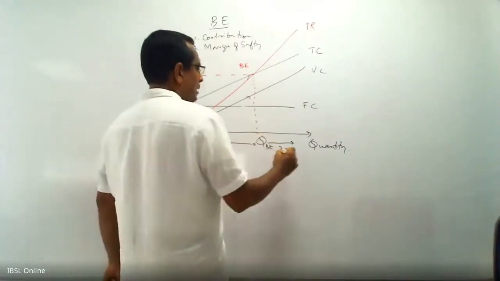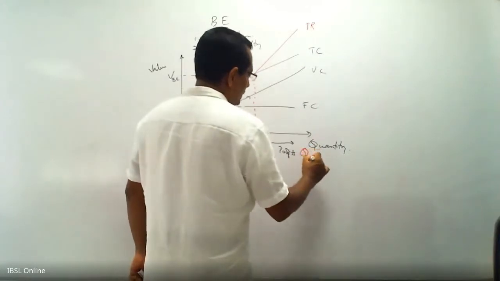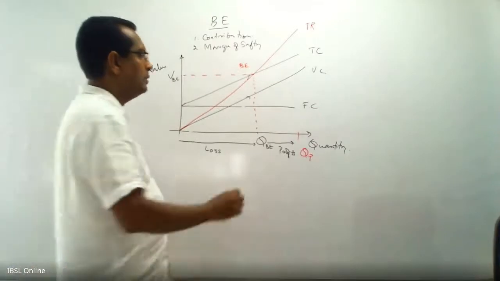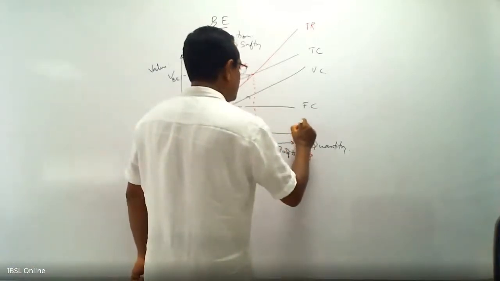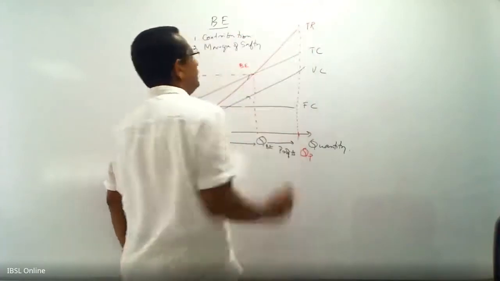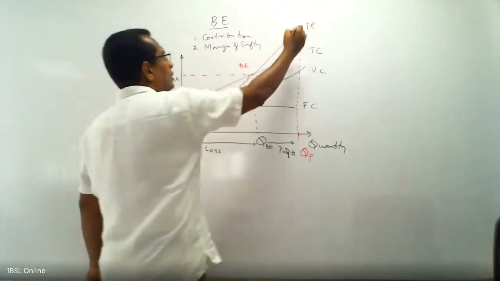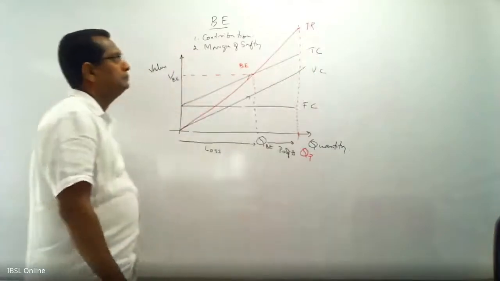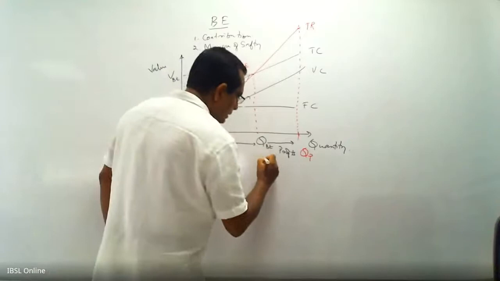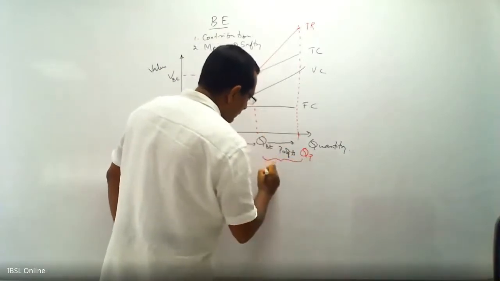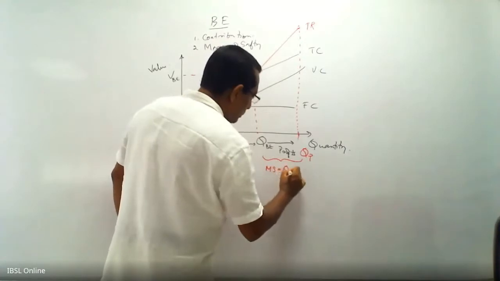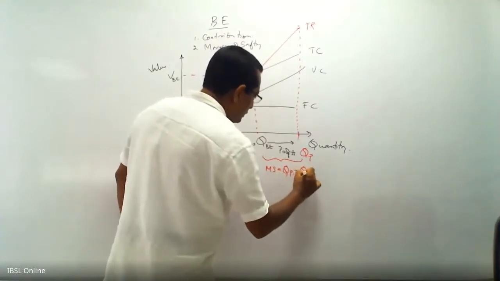Like we say, Q projected is this much. Right? So if you project this one upward, you have a revenue here. That means this is the margin of safety, which is QP minus Q break even.